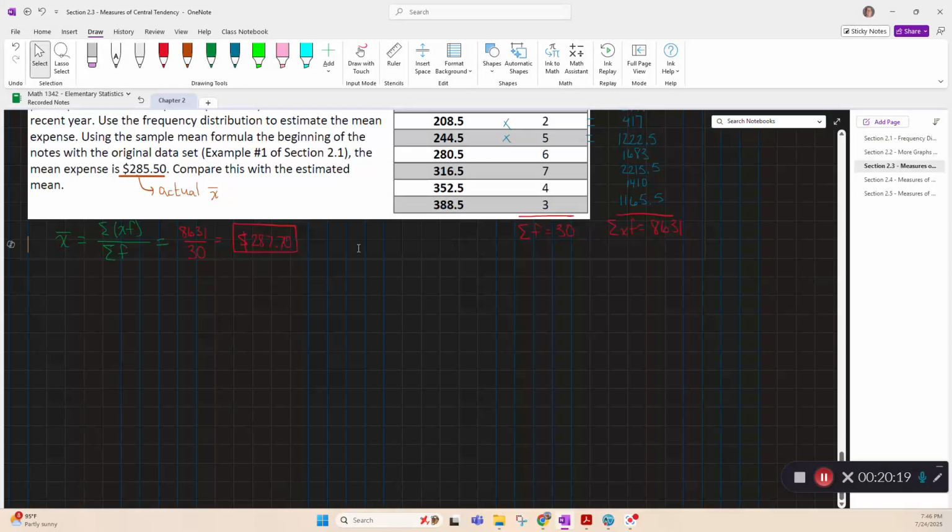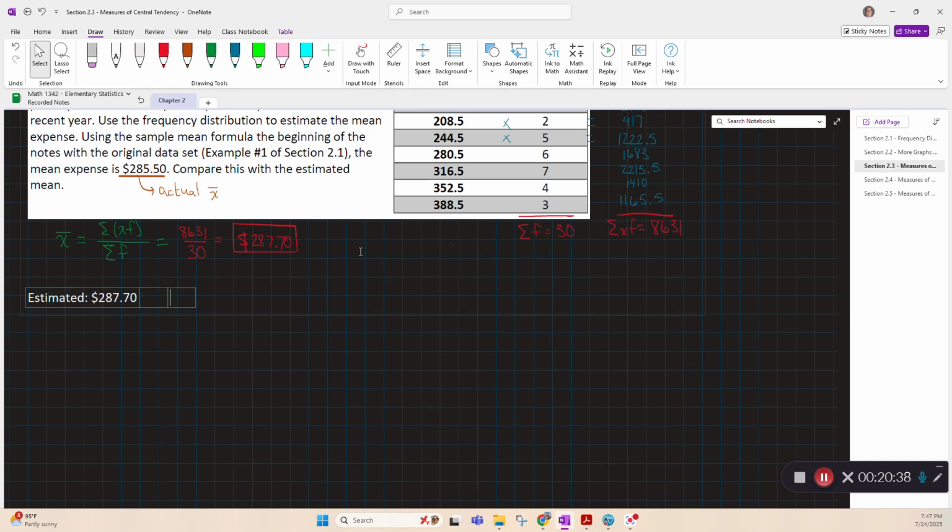So it says compare the actual average with the estimated average. Our estimated was $287.70. The actual was $285.50.